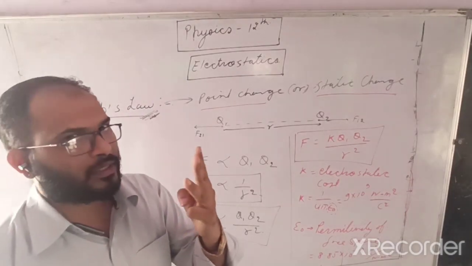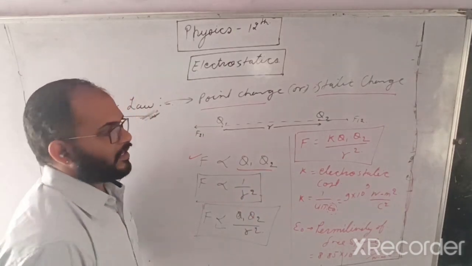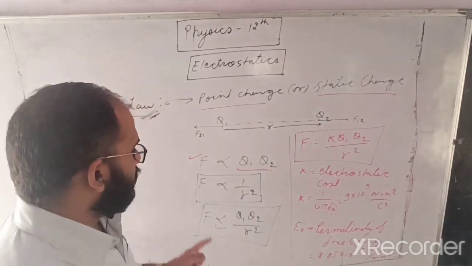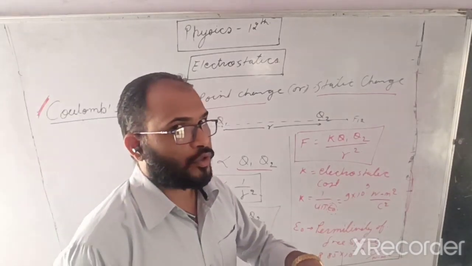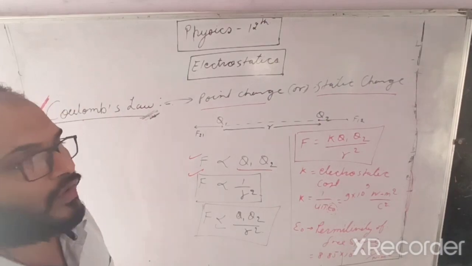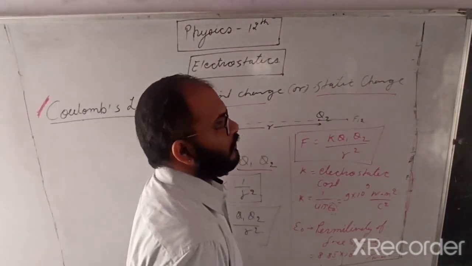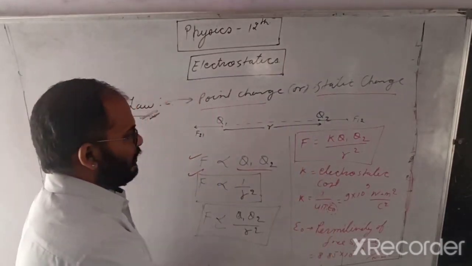These are three statements: first, the force is directly proportional to the product of the charges. Second, it is inversely proportional to the square of the separation of the charges. And third, it always acts along the line joining them. Pause the screen and write this down carefully.